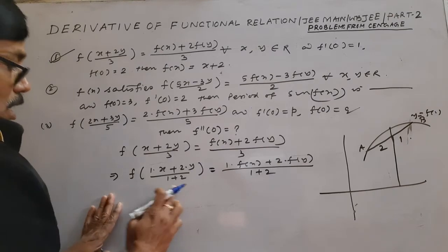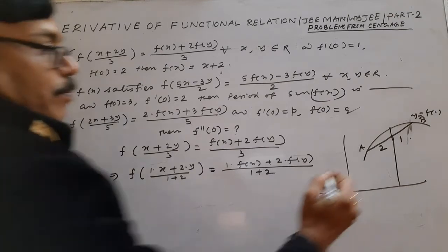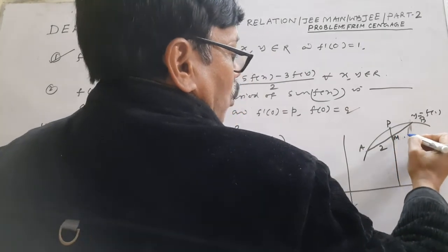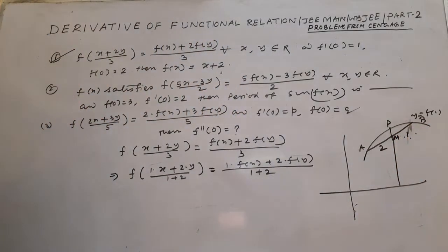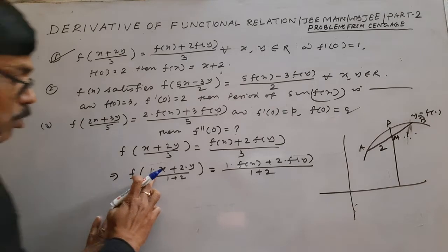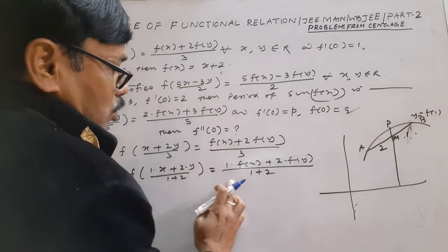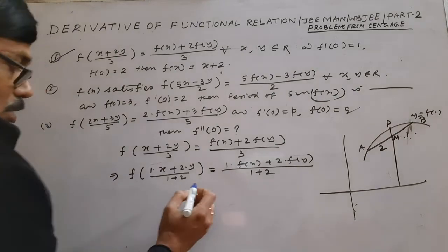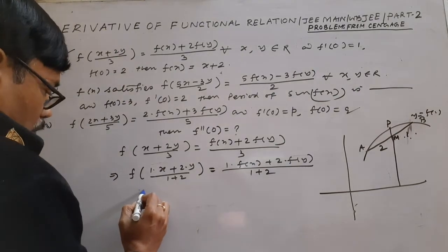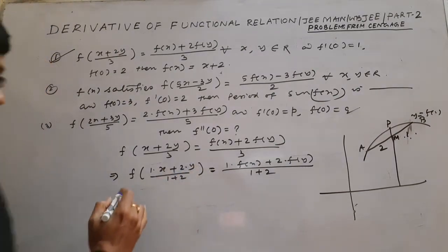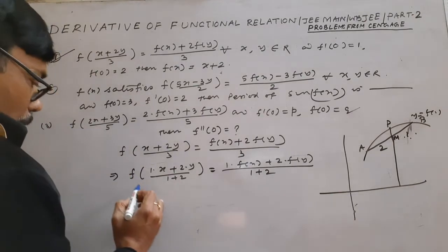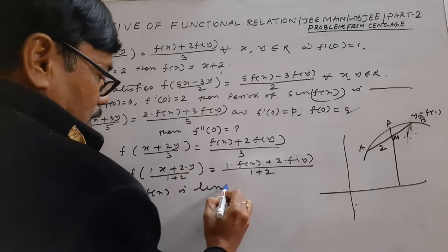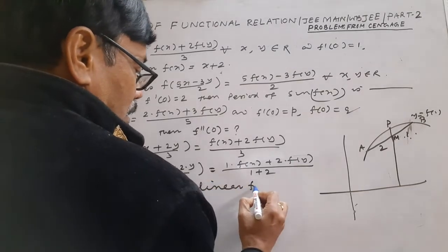So this is P, this is M. We have already discussed it. So f((1·x + 2·y)/(1+2)). This is an internal bisect, the section formula. So we can say that f(x) is a linear function.